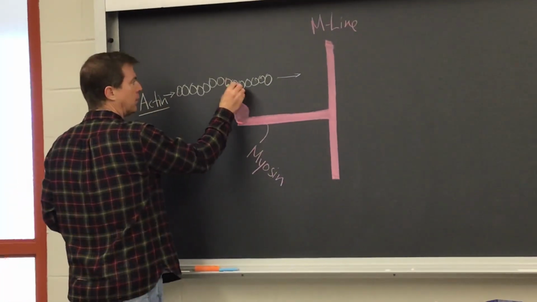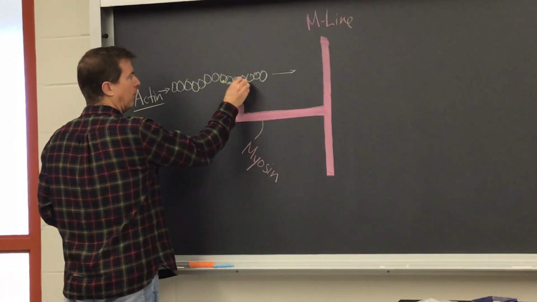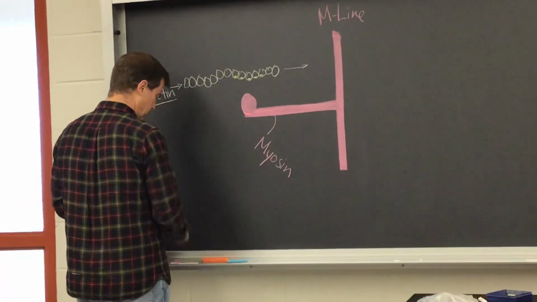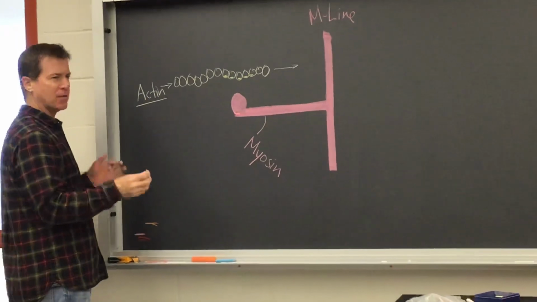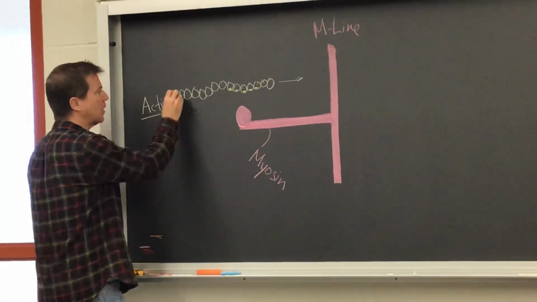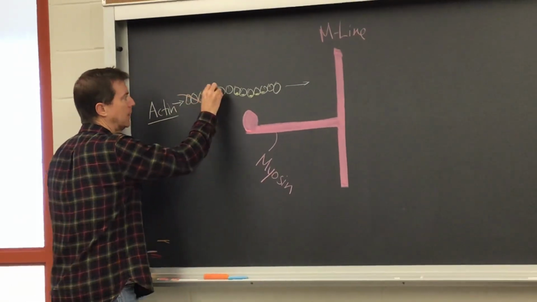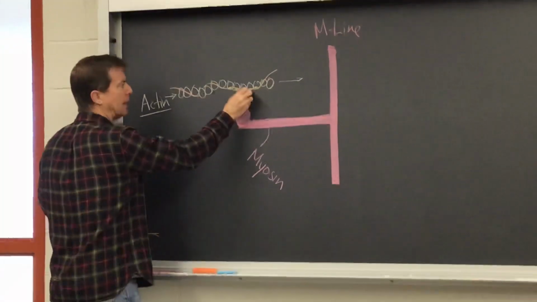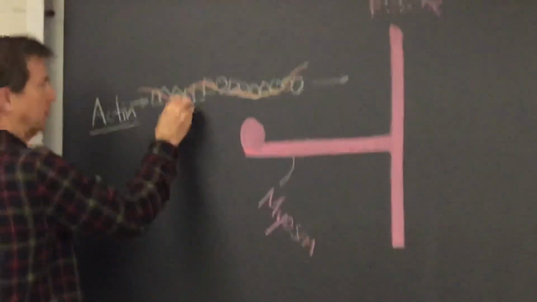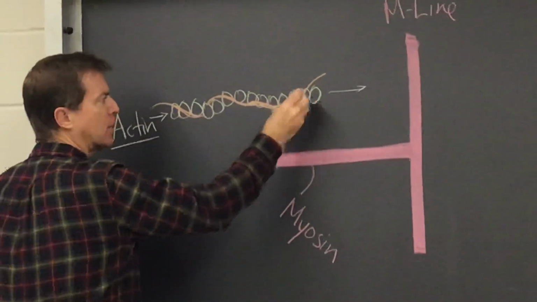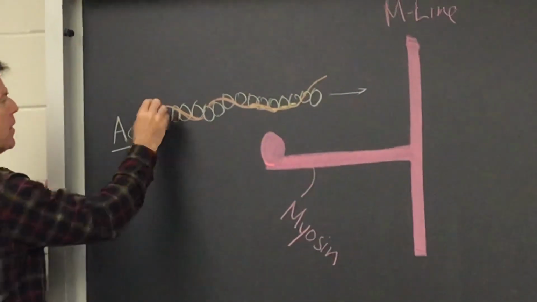I'm going to draw a few where myosin can bind to it. But when a muscle cell is at rest, there is a grapevine-like structure wrapped around this actin molecule that's covering the binding sites. It's a multi-peptide structure called tropomyosin.